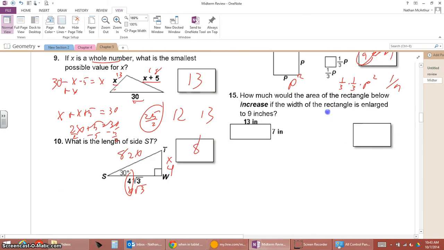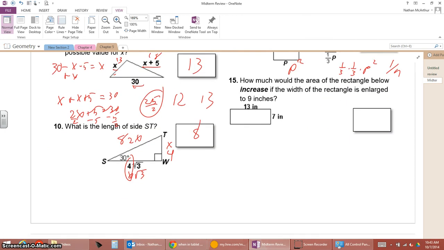Okay, number 15. How much would the area of the rectangle below be increased if the width of the rectangle is enlarged to 9? Oh my goodness. So we're talking about area, and we're looking to increase it if the width of the rectangle is enlarged to 9 inches. So since 13 wouldn't be enlarged to get to 9 inches, we have to increase the 7 to be a 9. So originally we had 13 times 7, which is 91.